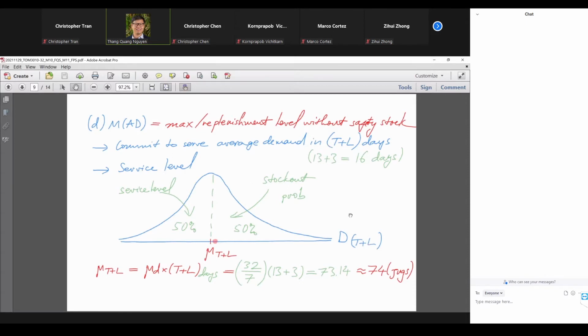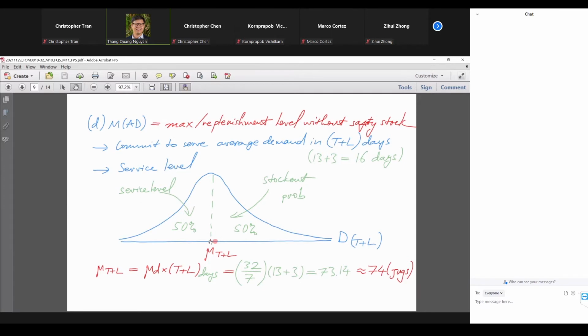By the way, we have the T plus L because we have to wait for 13 days before we make the next order, but then we do not receive the order right away. We have to wait for 3 more days to receive the actual merchandise. So the time window that we are interested in is 13 plus 3, or 16 days ahead of us.